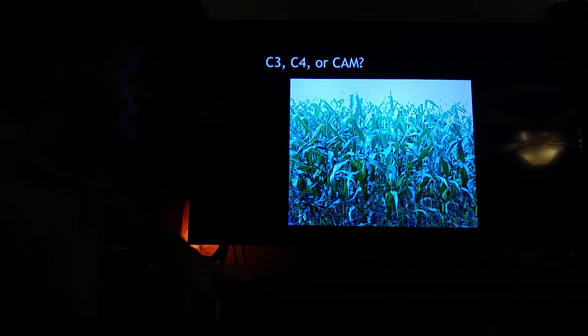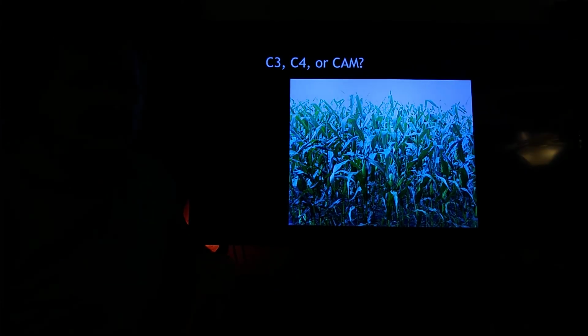So, what kind of plant am I looking at? If you can't see very well in the picture, you're looking at corn. What kind of a plant is corn? Corn is a grass. The next time you have an opportunity to look at a corn leaf, does it look like a leaf on an oak tree, or does it look like a giant blade of grass?